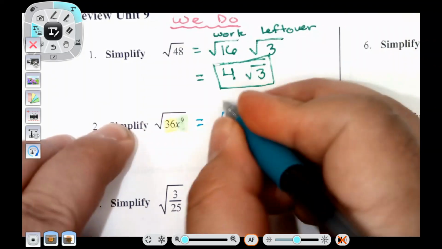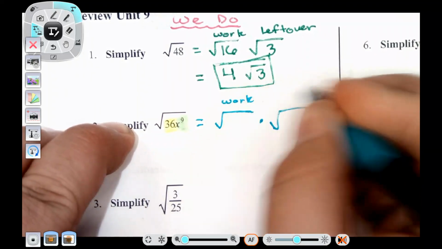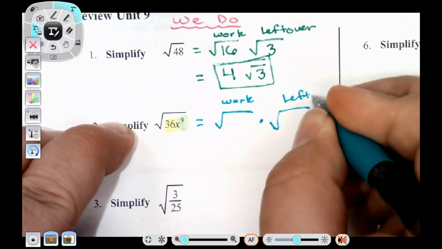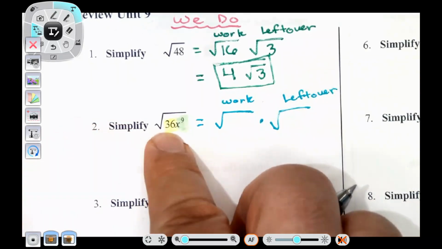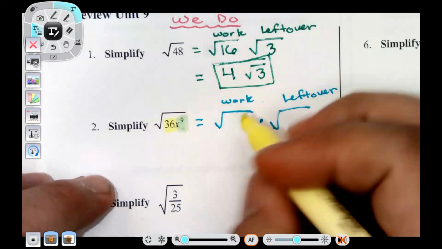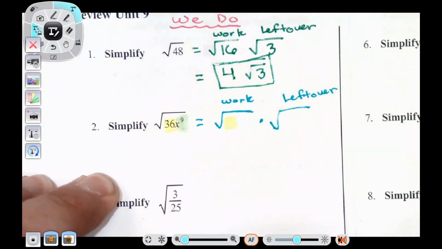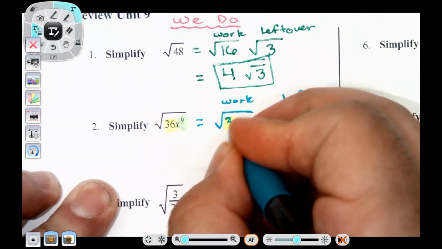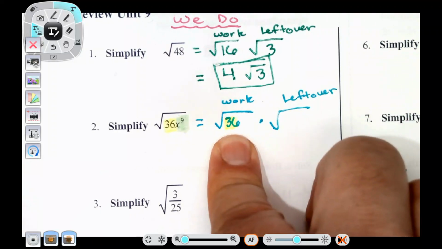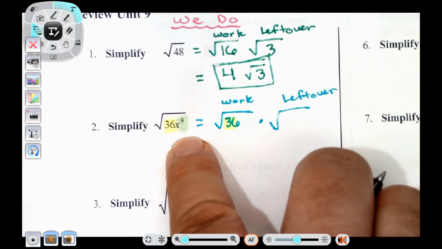Remember, one is the one that you can do work with. The other one is just your leftovers. But remember, the 36 was fine. So the 36 was okay. Then I'm going to put that in here. I'm not going to put it in leftovers. That's on my list. But X was the issue.